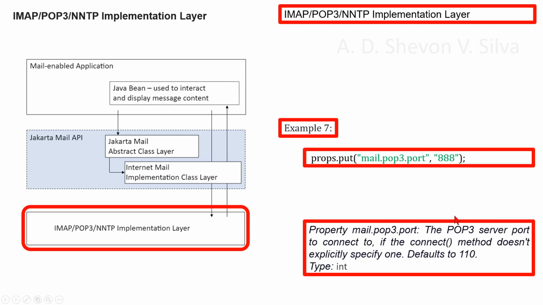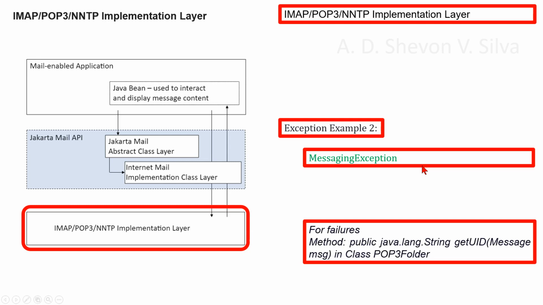As example 3, we can consider this code segment. Here property mail.pop3.port, the POP3 server port to connect to if the connect method doesn't explicitly specify one, default to 110. The type of this property is int.